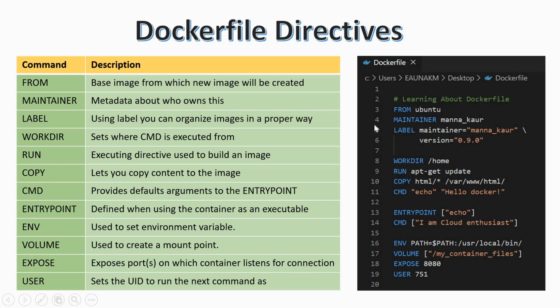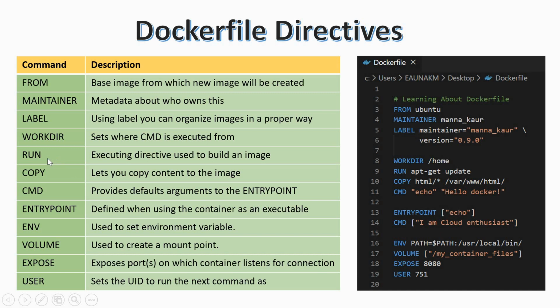Similarly, labeling an image leads to organizing images in a more specified way. And then there is the WORKDIR directive, which sets where the working directory would be. Like here in the 8th line, the working directory is root home. So all of these commands like RUN, COPY, CMD, ENTRYPOINT would be running in the specified directory.